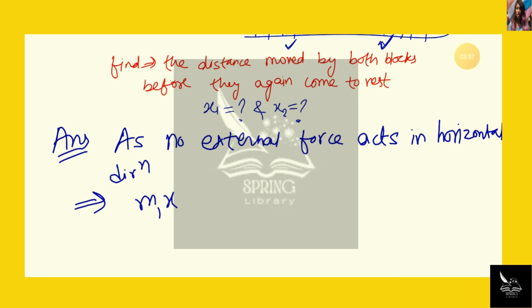So I get an equation, that is m1 x1 is equal to m2 x2. So this is equation number 1.